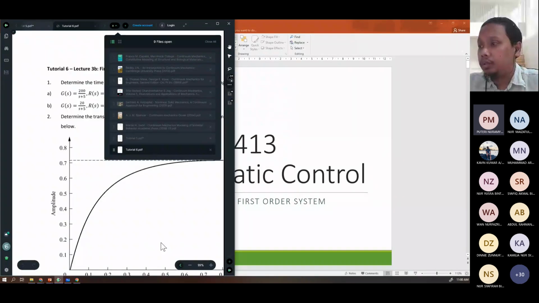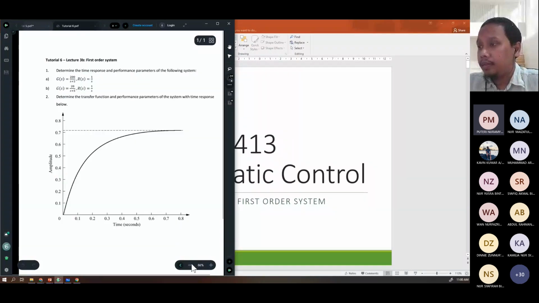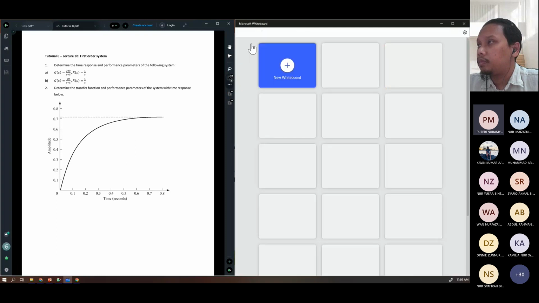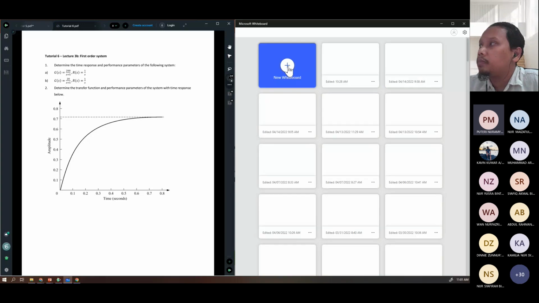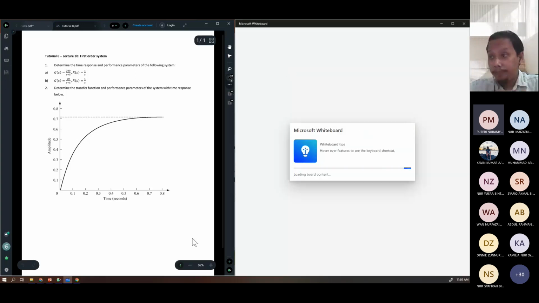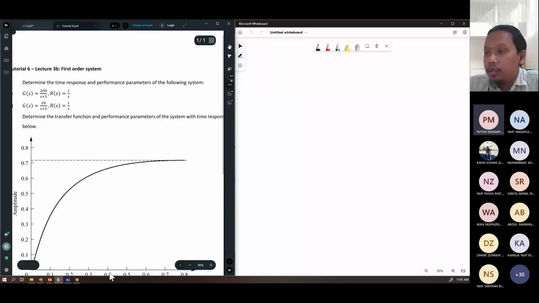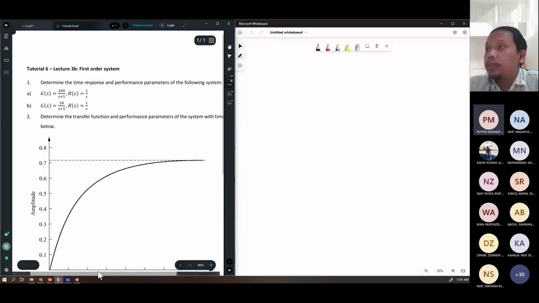Looking at the first question: determine the time response and performance parameters of the following system.